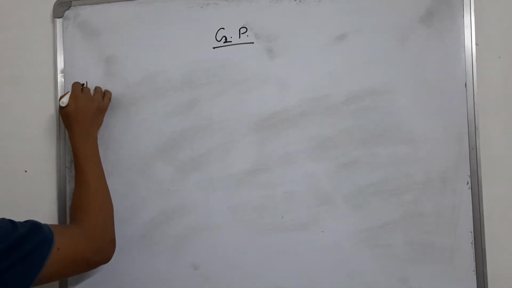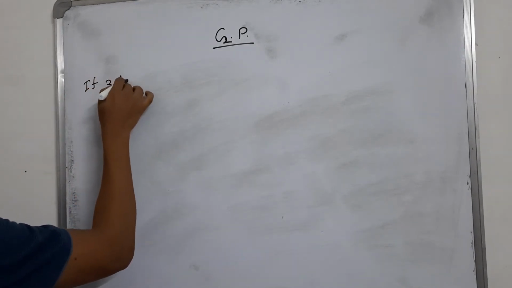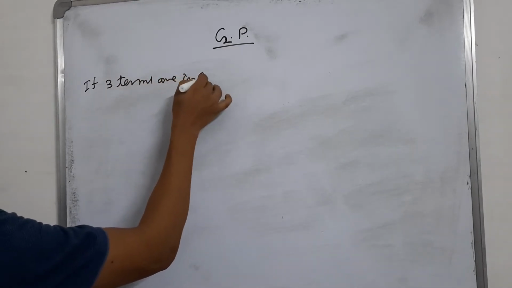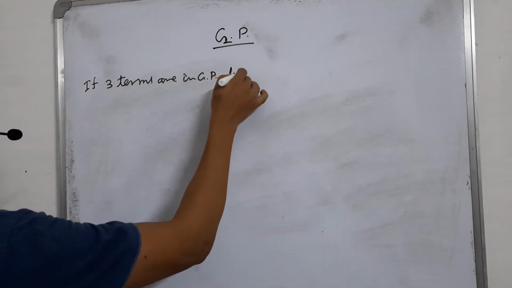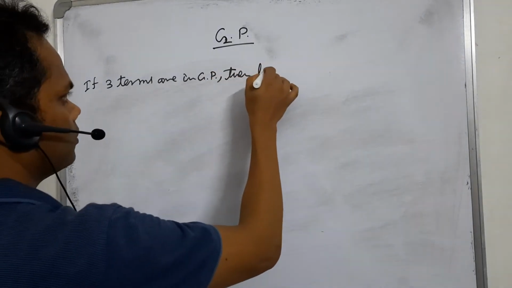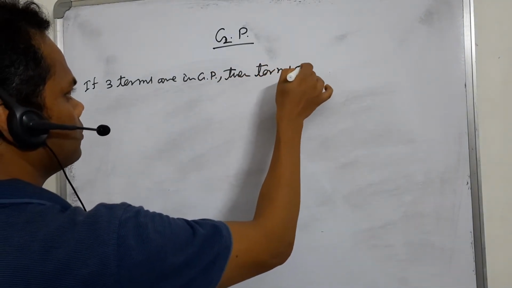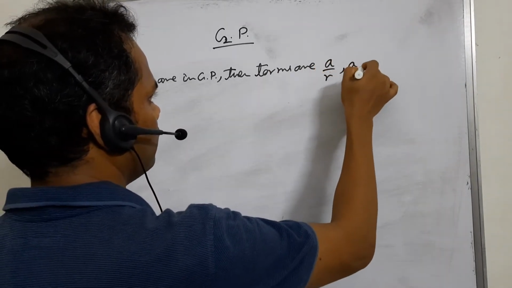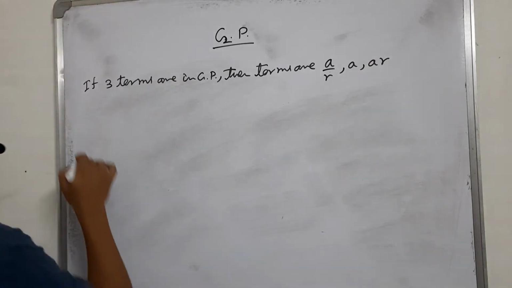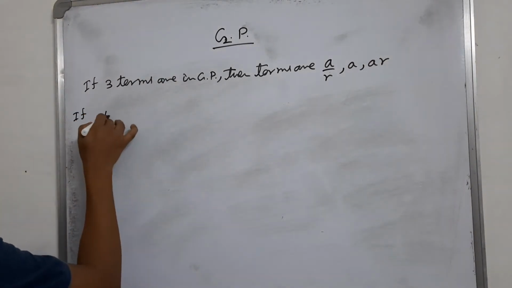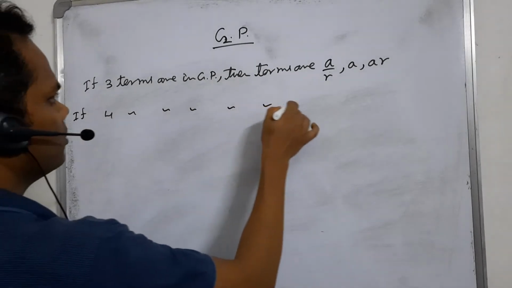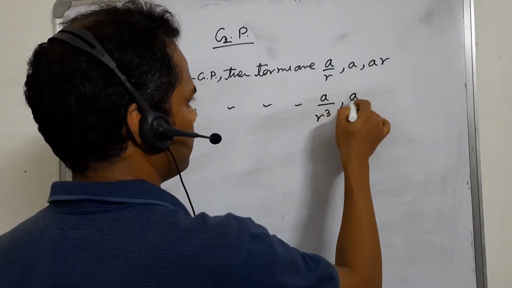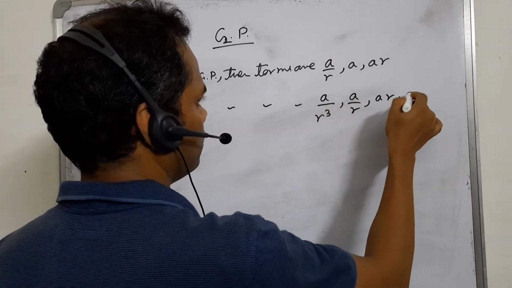If three terms are in GP, then the terms are a by r, a, ar. If four terms are in GP, then the terms are a by r cube, a by r, ar, ar cube.